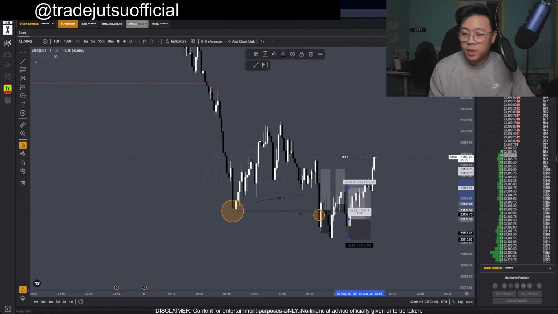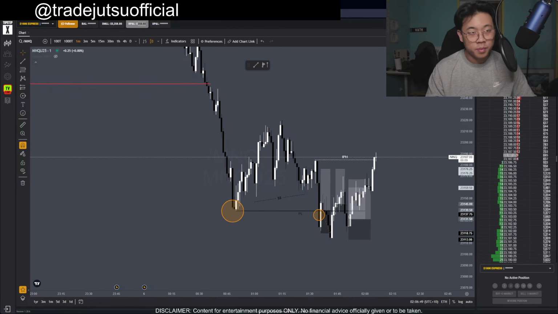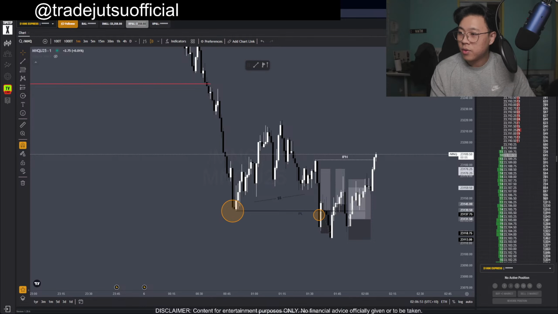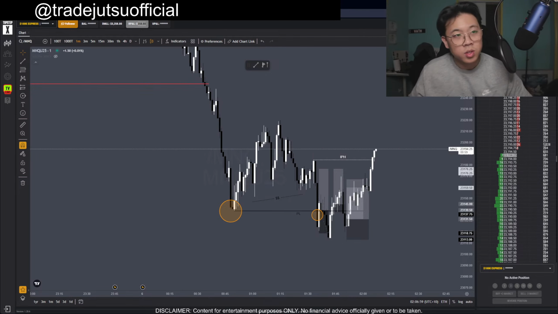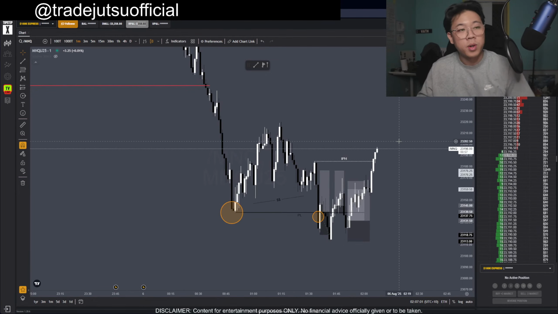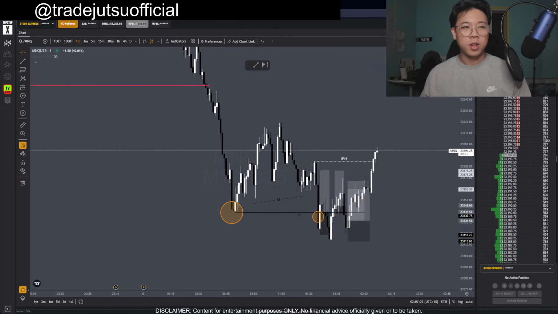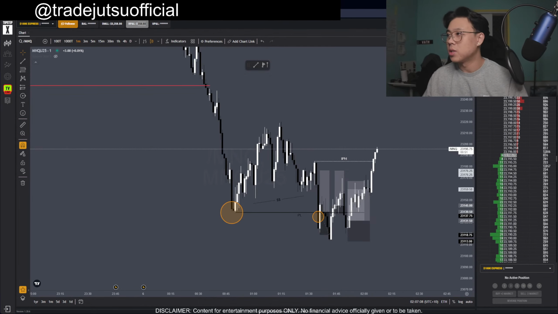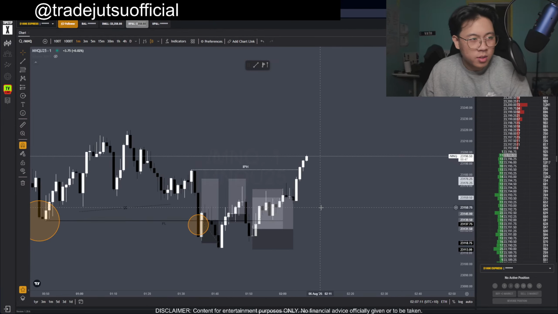Poor management. Could have taken partials and left runners. And it's continuing up. Well, that is how it goes. Low probability counter trend trade, but I should probably eliminate those from my arsenal, to be honest.